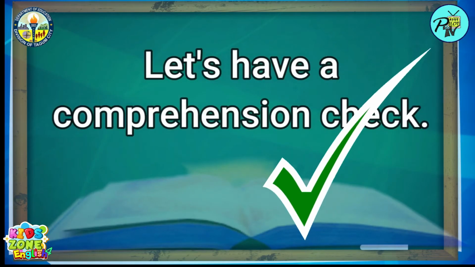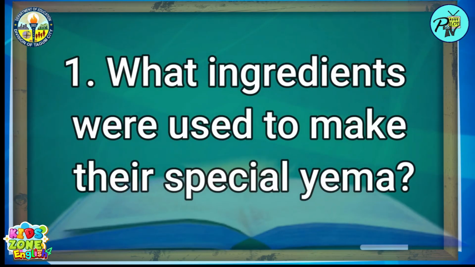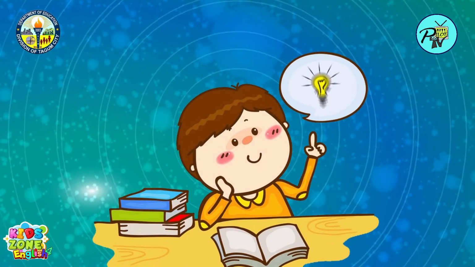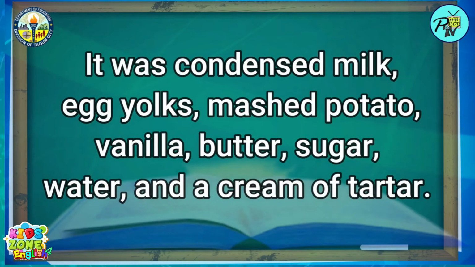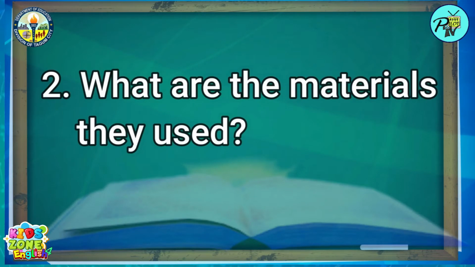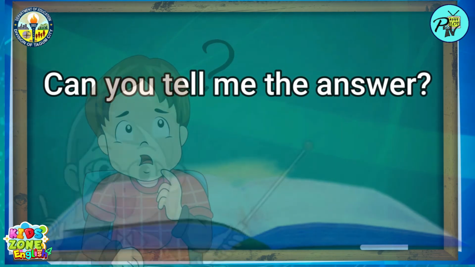Let's have a comprehension check. Look at these questions. What ingredients were used to make their special yama? Do you know the answer? It was condensed milk, egg yolks, mashed potato, vanilla, butter, sugar, water, and a cream of tartar. Second question. What are the materials they used? Can you tell me the answer?